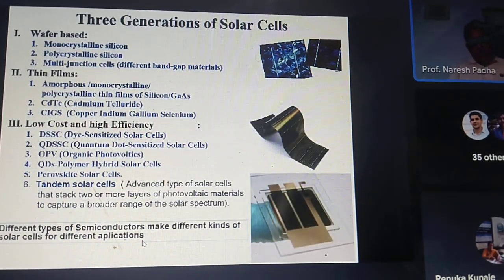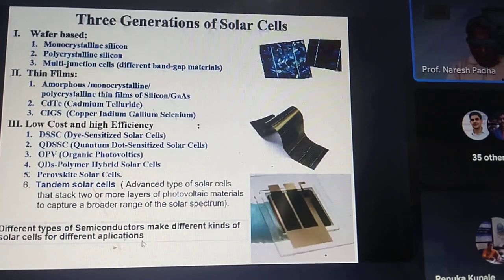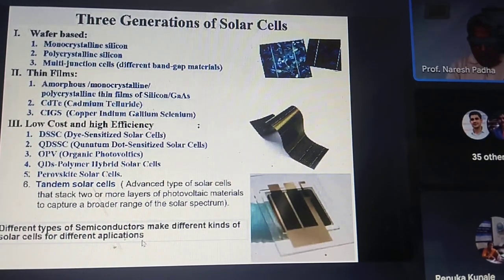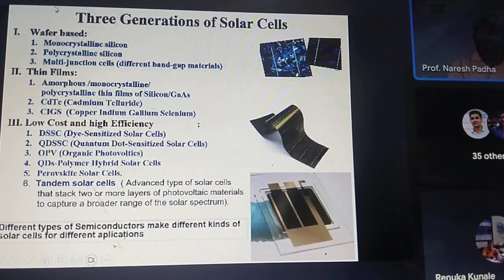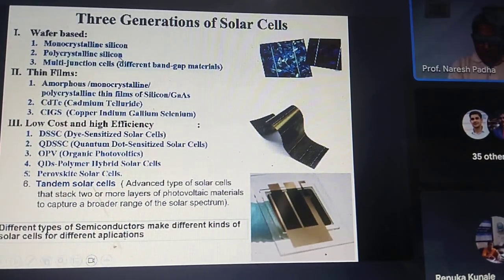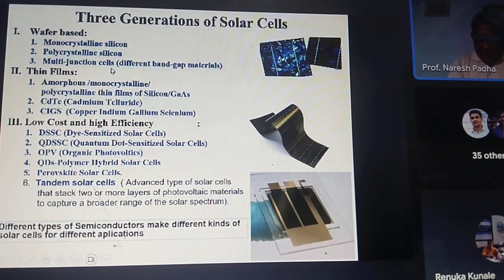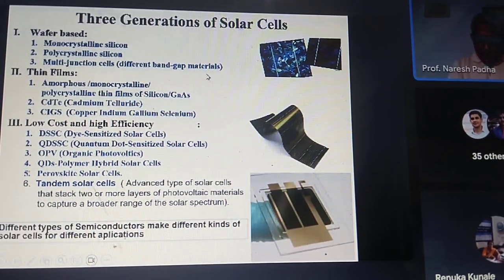Now, if you go to the different generations of solar cells, basically they have been classified into 3 generations. Number 1, wafer based, means you have a semiconductor wafer: monocrystalline silicon, polycrystalline silicon, multi-junction cells, different band gap materials.